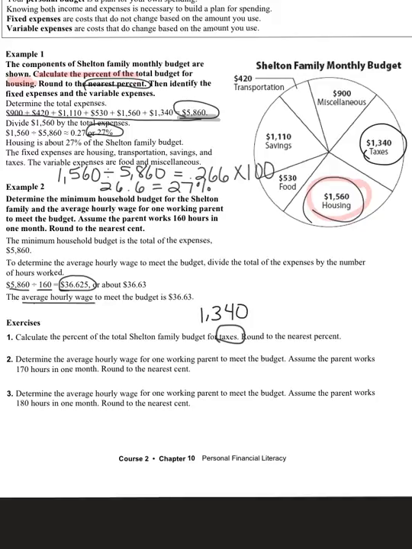And we need to calculate the percent of the budget. So that number divided by the total budget, which is 5,860. So get your calculator, 1,340 divided by 5,860. And I get 0.228.